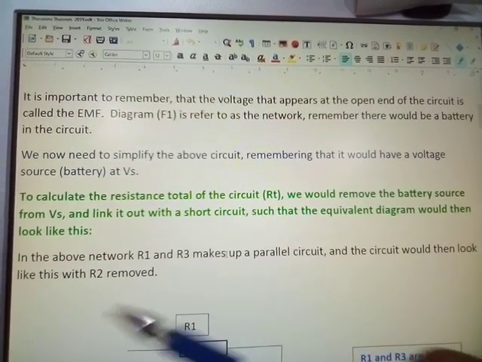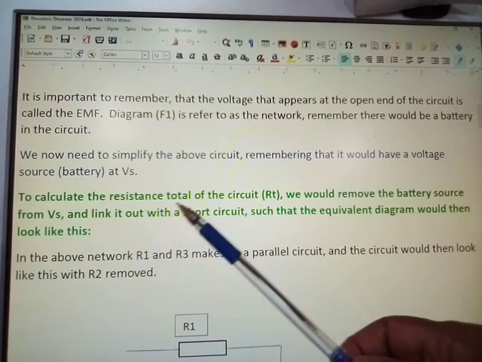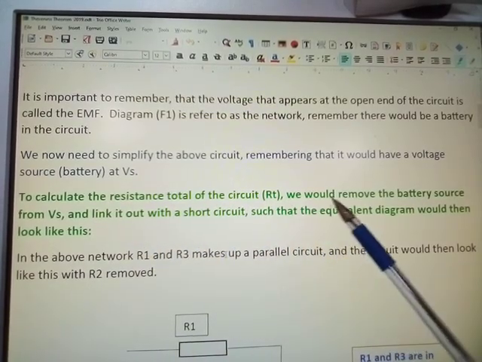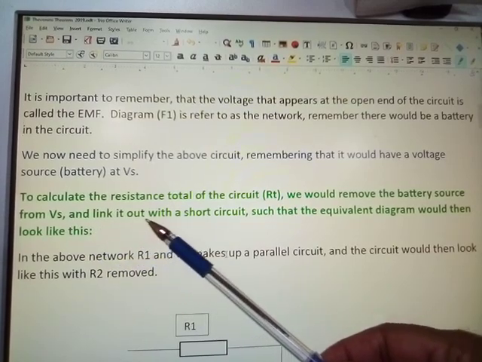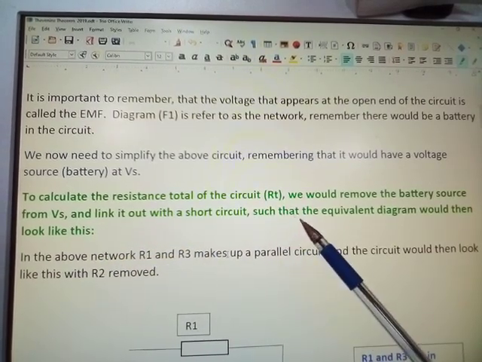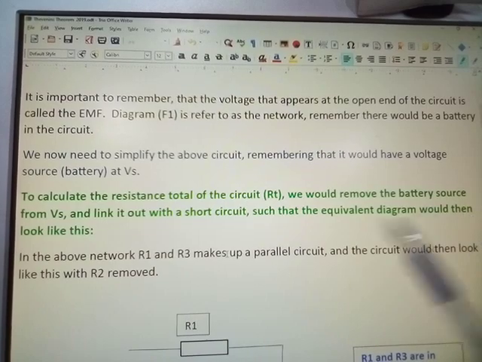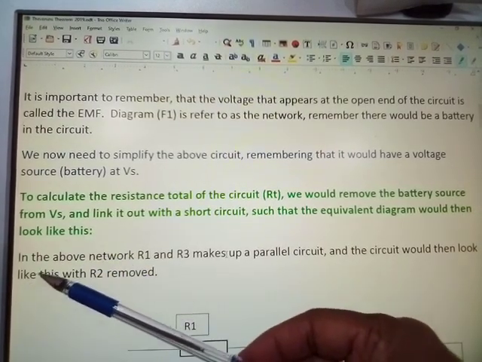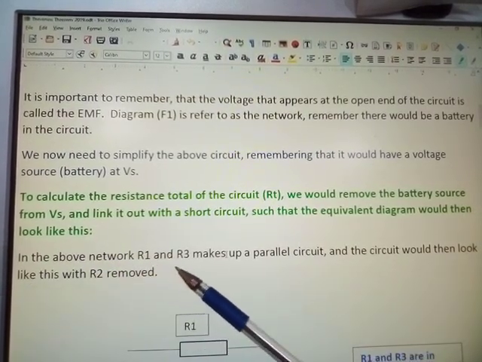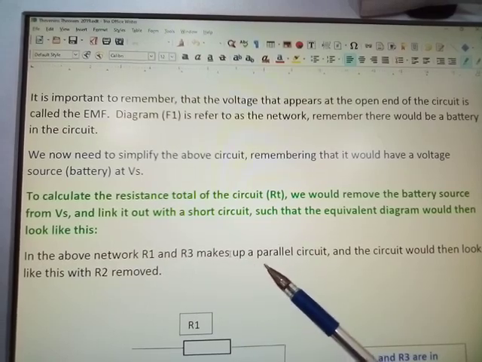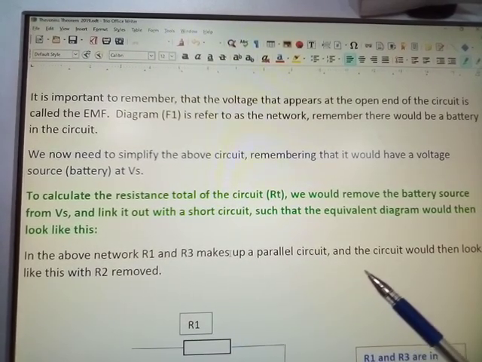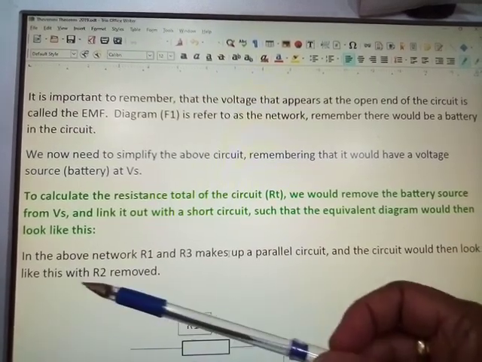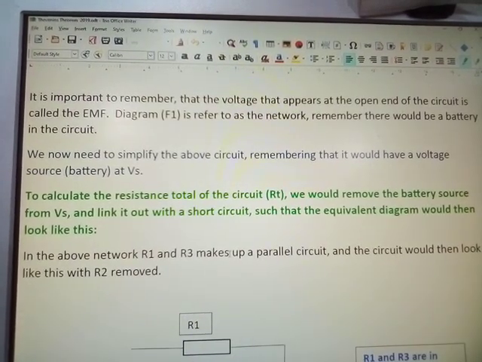Now, to calculate the total resistance of the circuit, RT, we would remove the battery source Vs and link it out with a short circuit, such that the equivalent diagram would then look like this. In the above network, R1 and R3 make up a parallel circuit, and the circuit would then look like this with R2 removed.